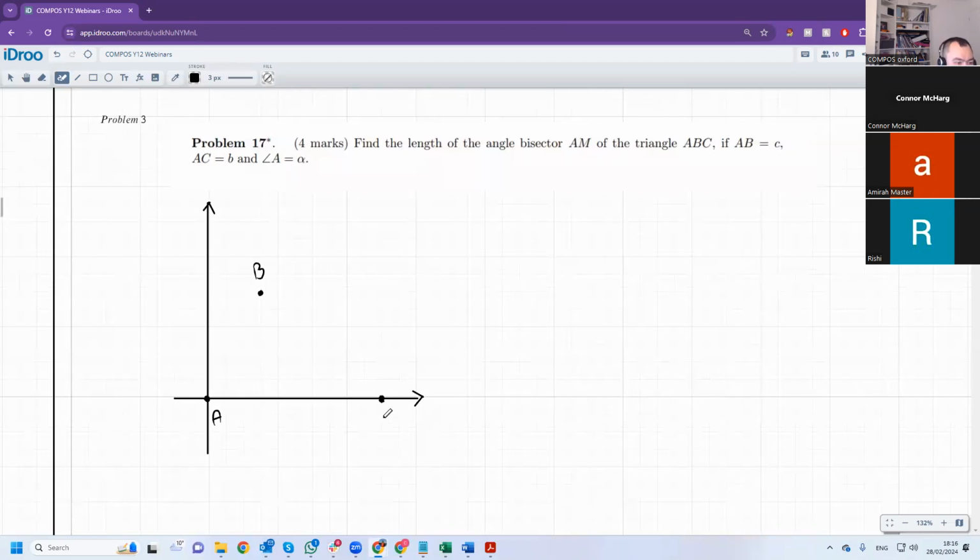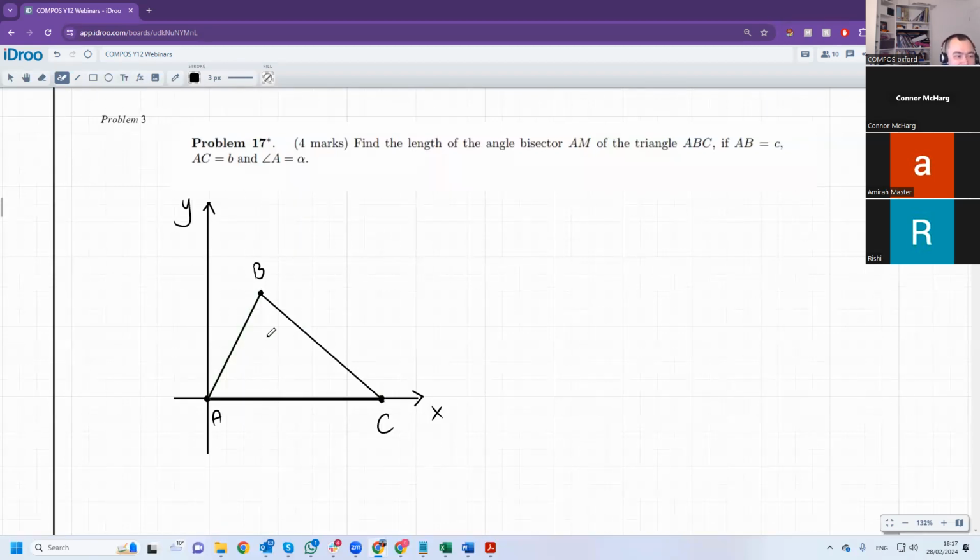Make sure that the triangle is scalene, so we don't get tricked. If somebody asks you to draw a triangle, don't draw an isosceles triangle and don't draw an equilateral triangle, because nobody said that. You understand what I mean.